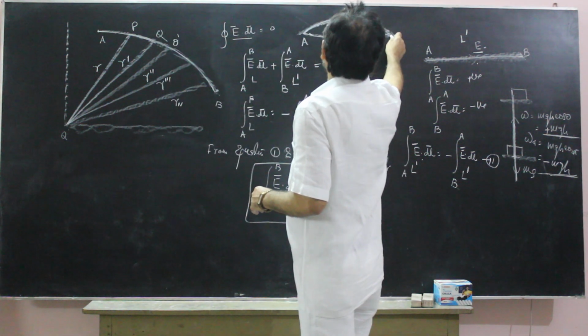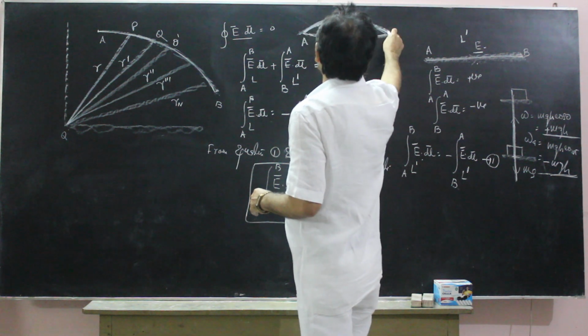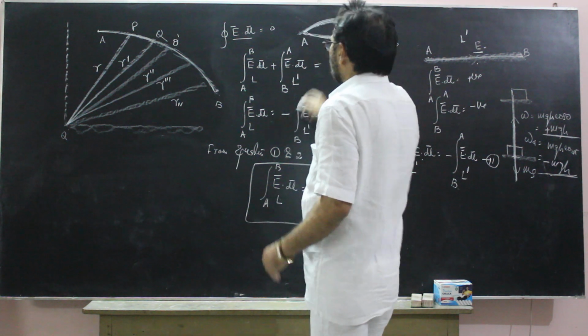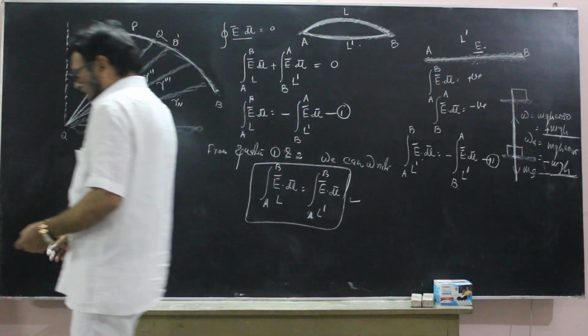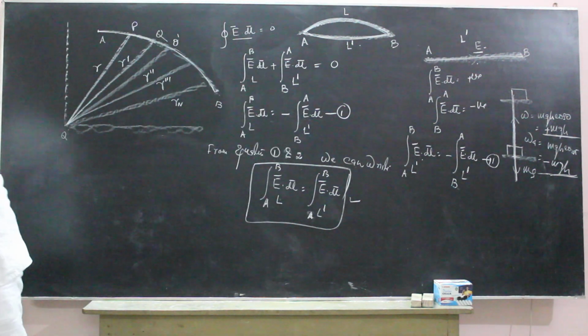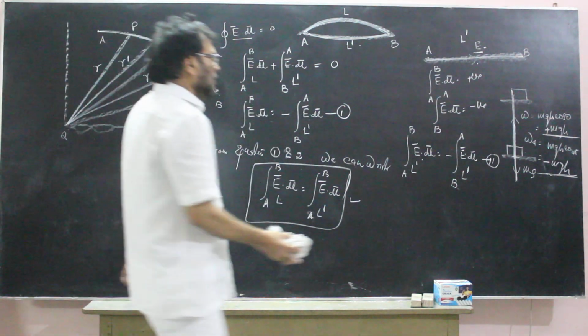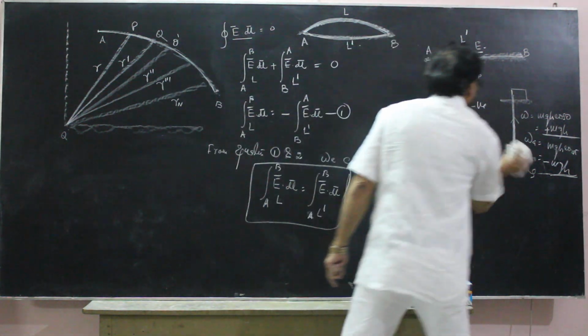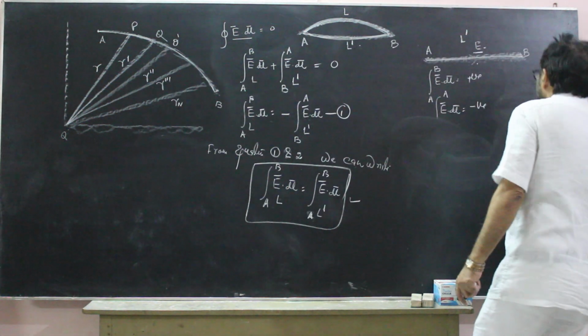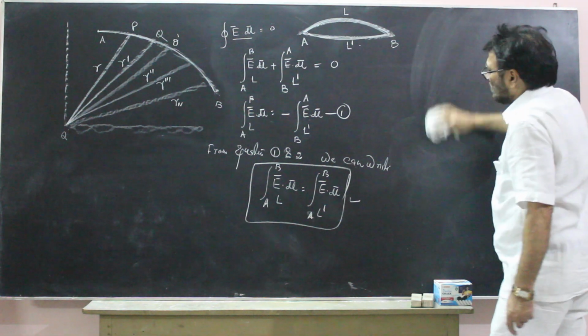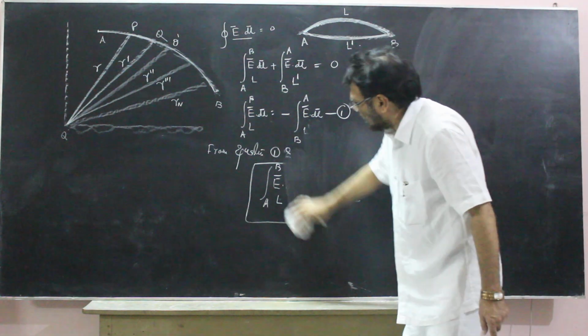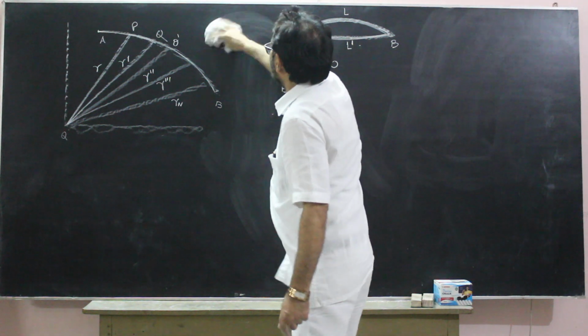A से B तक कैलकुलेट करते हैं L से और कैलकुलेट करते हैं L डैश से. दोनों ही केस में ये सेम है, तो हम लोग ये कह देंगे कि E dot dl does not depend on path. Rather, it depends only on initial and final position and not on how the position is achieved.